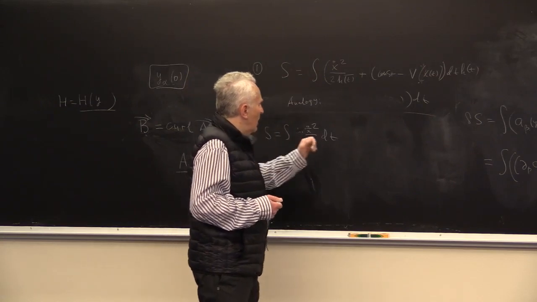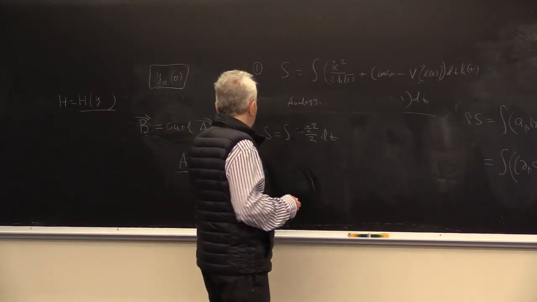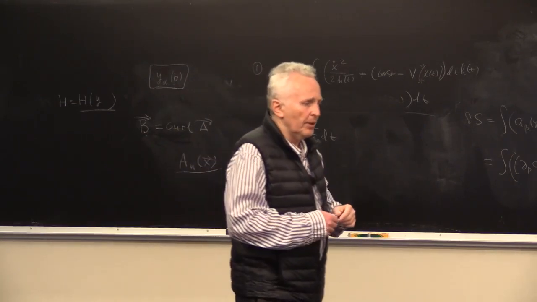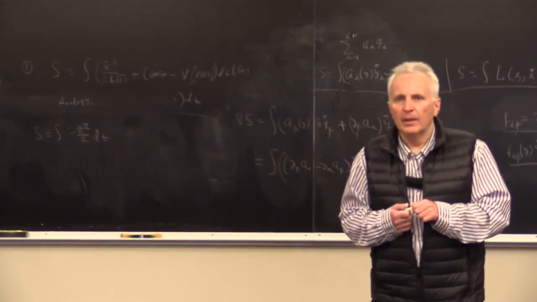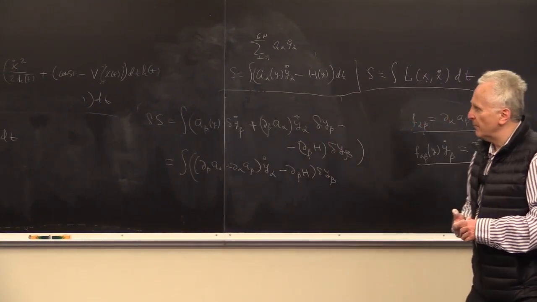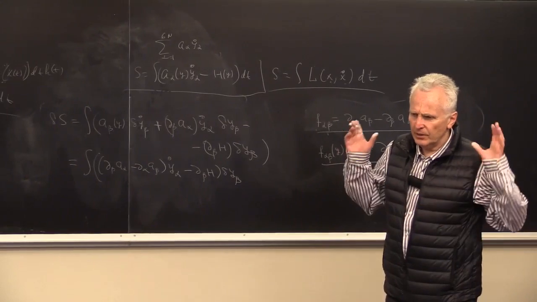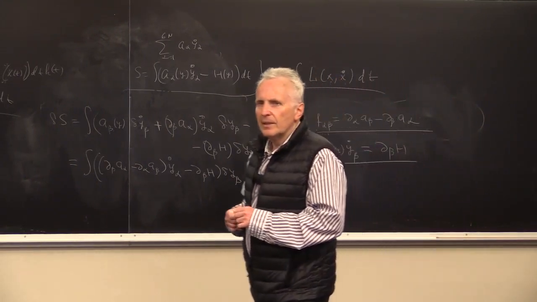Now, what can we add to the action which contains A n and which respects all thinkable symmetries? That is the question. And then, as a next step, we will start variation of the action and so on, and derive all electrodynamics in this way.